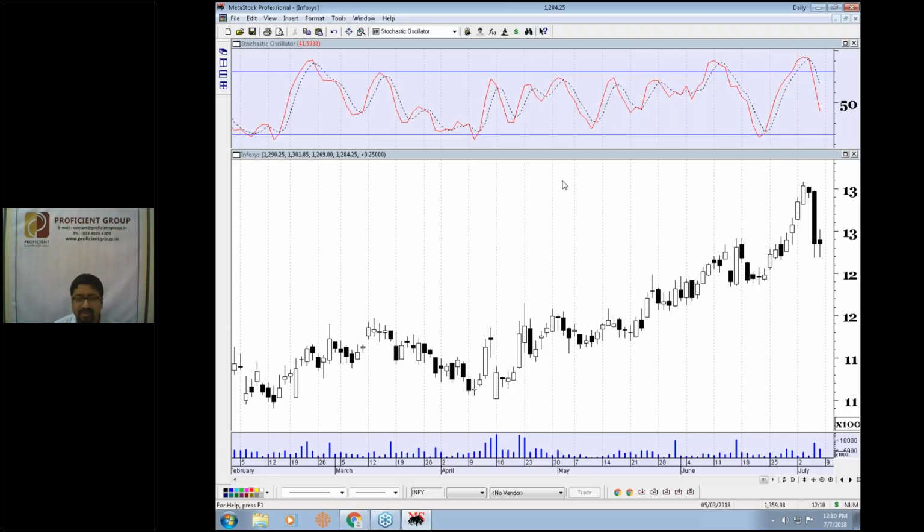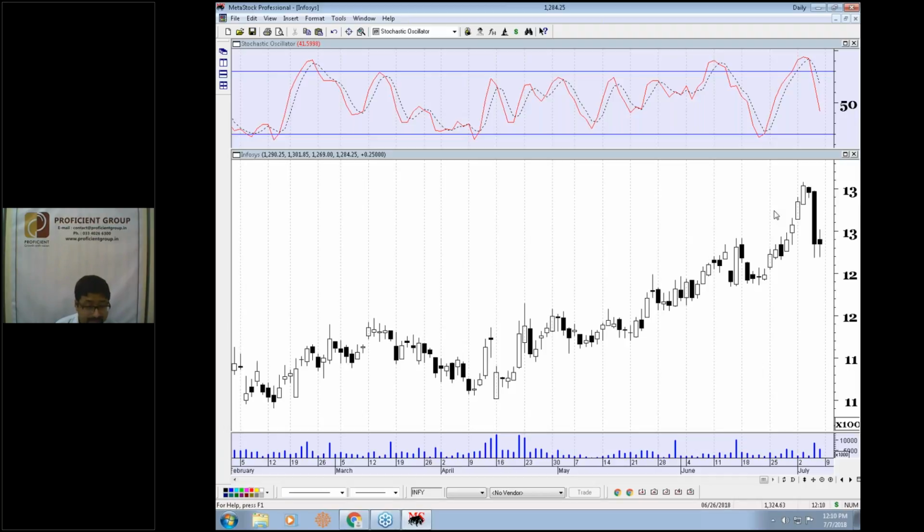And maybe you will see the first signal that prices will be going above the previous day's high. Yesterday's high was at 1302. So if prices go higher than 1302, or prices come lower but do not break this low at 1240 region, then that will be another signal that the overall uptrend is still intact, and that will be a buying opportunity. So you just have to keep an eye on Infosys.